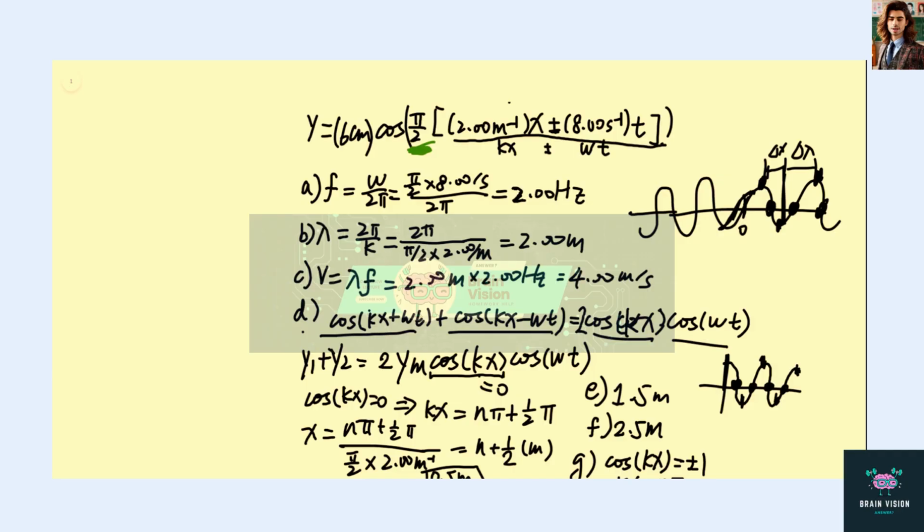And again, if we do the same calculation, because k equals pi per meter, x equals n meter. So for part G, what is the smallest antinode for x larger than or equal to 0? It is 0 meter. And then for part H, when n equals 1, it's 1 meter. For part I, when n equals 2, it's 2 meter. So 0 meter, 1 meter, and 2 meter are the smallest x values for the antinodes.